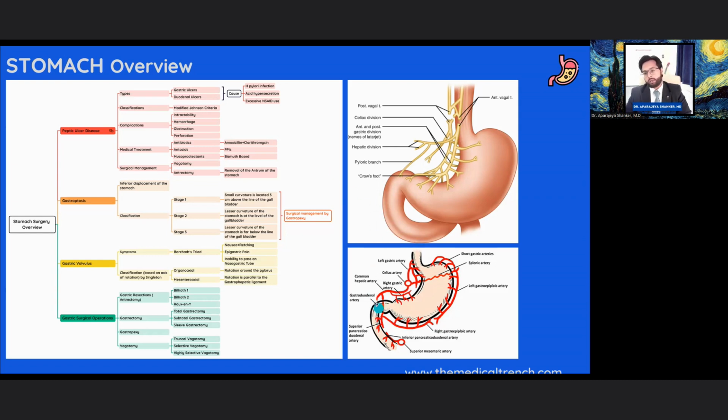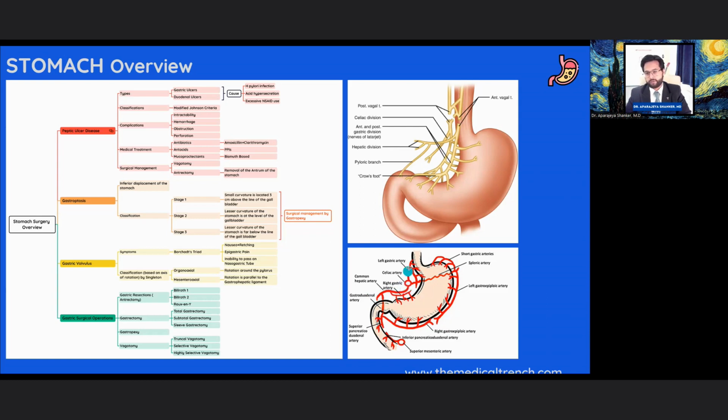I would also like all of you to remember that the celiac artery, or celiac trunk, provides a lot of the arterial supply to the stomach, both in a direct and an indirect way. A direct way would be this right gastric artery, which is a direct branch of the celiac artery. It comes as an early branch of the common hepatic artery.